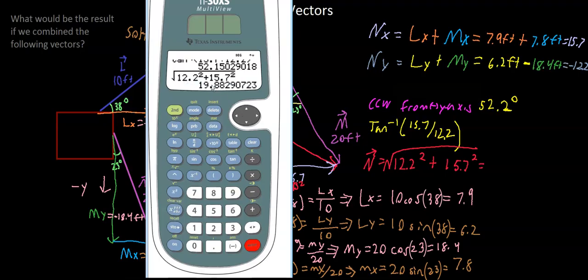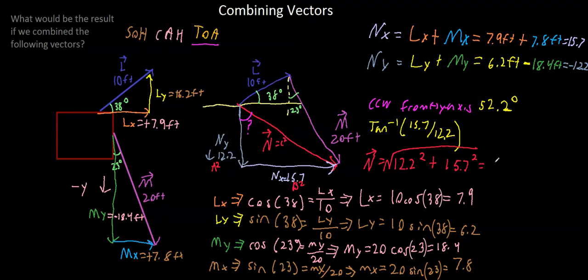What is that? Well, we get a total value of about 19.9 feet. And so we know our magnitude and we know our direction: 52.2 degrees counterclockwise from the negative y-axis.